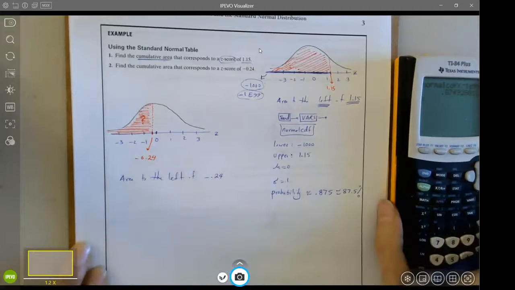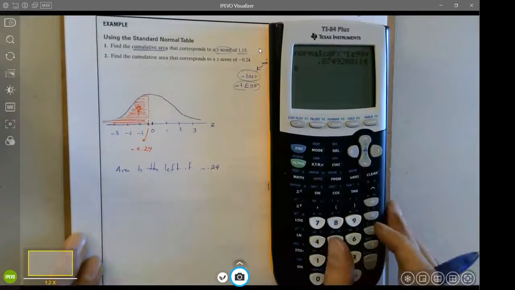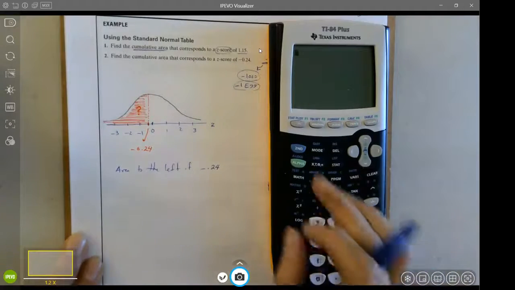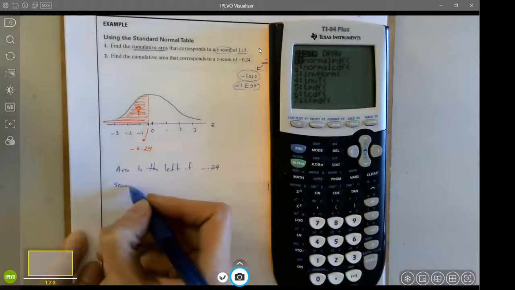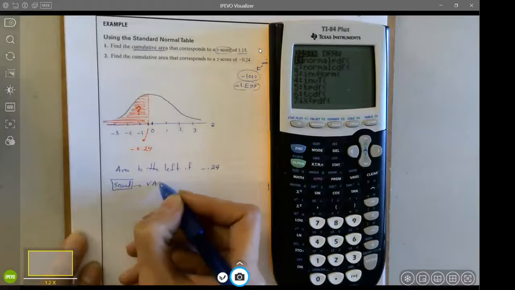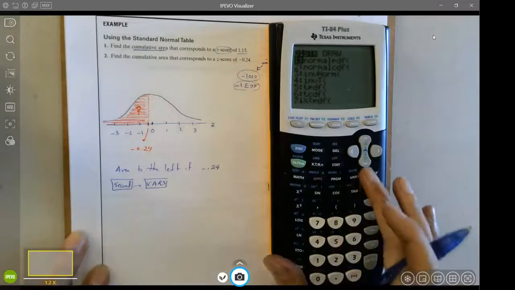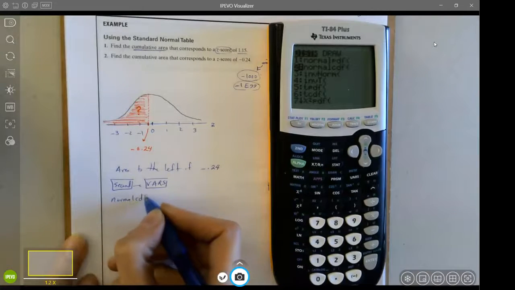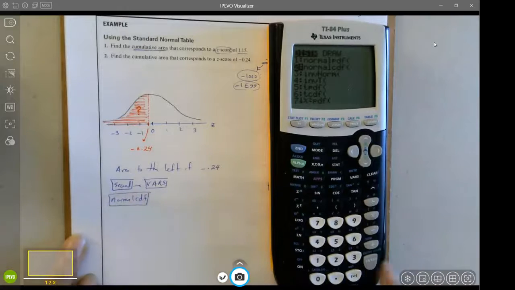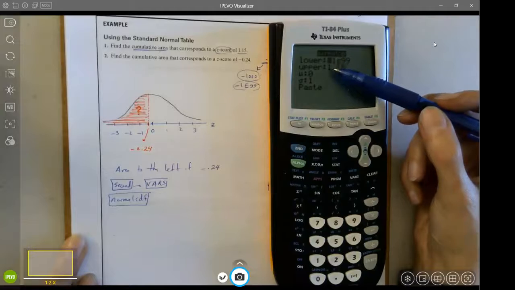Let's take a look at our calculator and enter the instruction. So here, let's clear this. We go to second, vars, and then here we go to normal CDF. Normal CDF, we need to have a lower bound and also an upper bound. What is the lower bound?